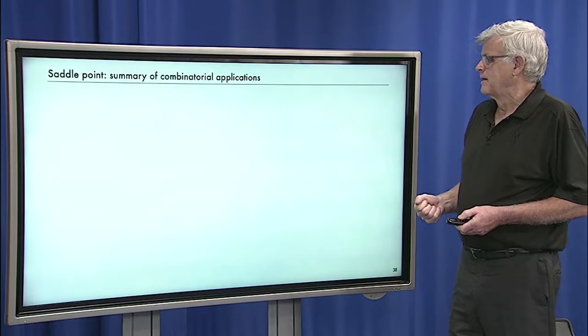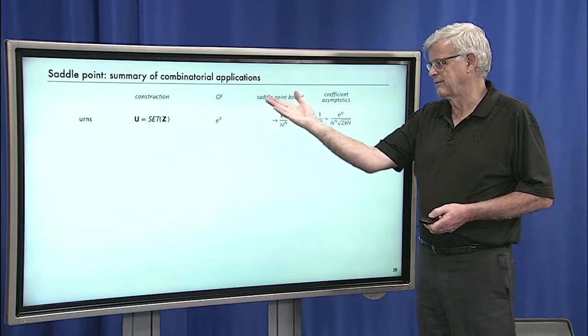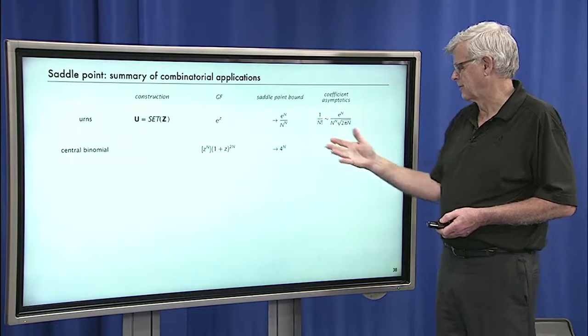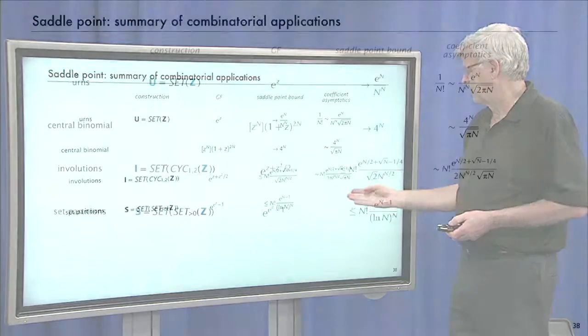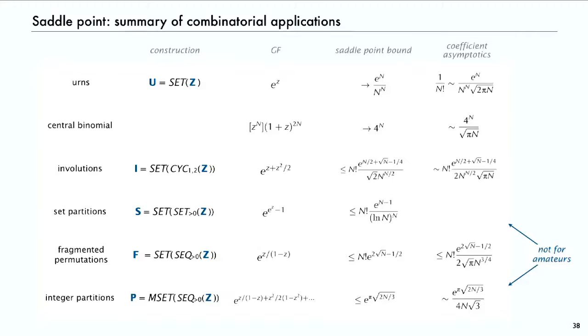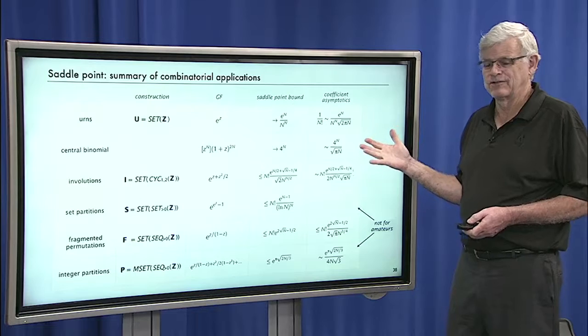So there are many combinatorial applications. We looked at e^z, which is the generating function for involutions, central binomial or Catalan, and involutions, and set partitions. I didn't go as far as doing the coefficient asymptotics. There are a few other examples in the book. Definitely some of these calculations are quite complex, and it would be more in advanced analysis.